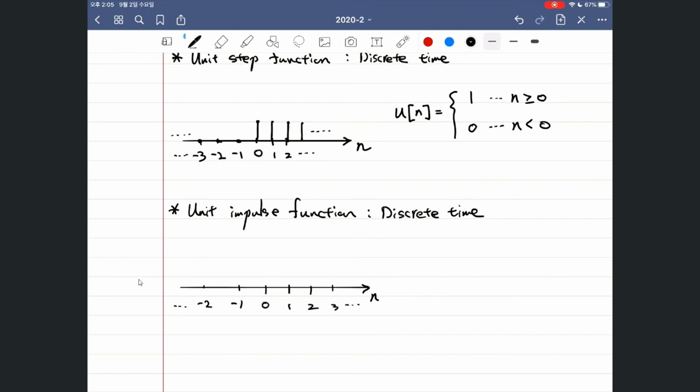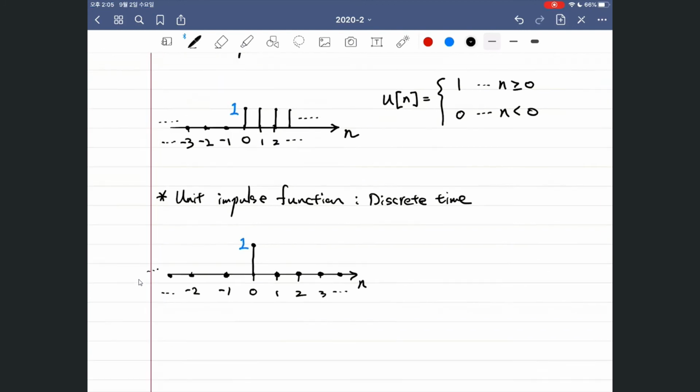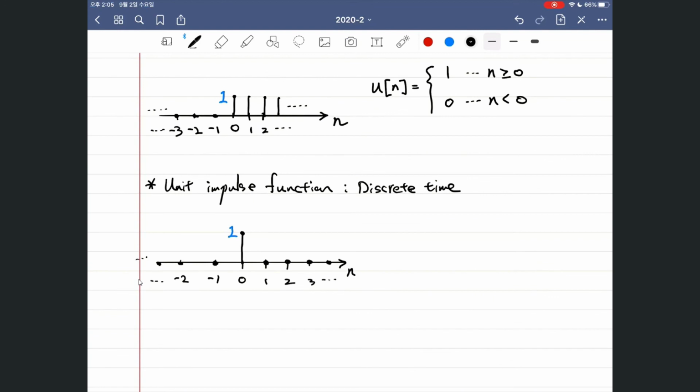So at n equals 0, you have the value 1. And the others you get 0.